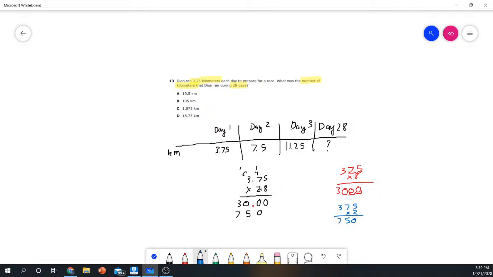But we're multiplying 3.75, and our decimal would move 2 places to the left, so for our answer, the decimal also has to move 2 places to the left. So 7.5 right here.